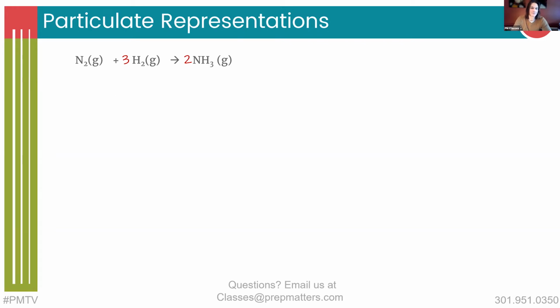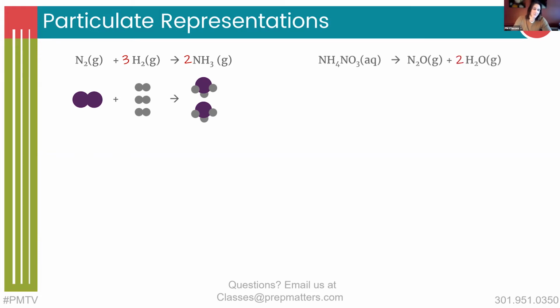So if we were to try to draw a particulate representation here, we need to show nitrogen. Great, so let's assume those purple guys are nitrogen atoms, and that's our N2. Well, then we'd have 3 H2s, and those get together to form 2 NH3s, right? So you can see then, literally see, that the same number of nitrogen and hydrogens are on either side, right? So those particulate representations can be handy.